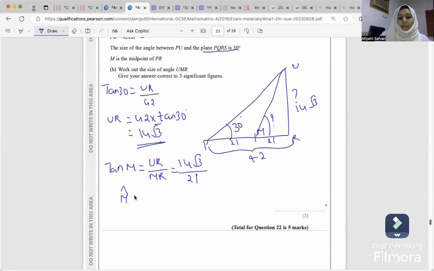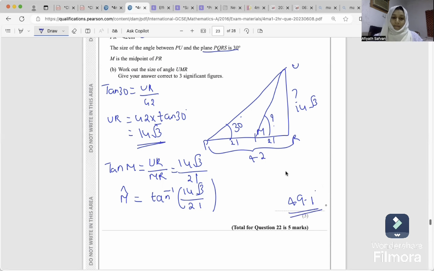Therefore, angle M is going to be tan inverse of 14 root 3 divided by 21, which will give me the final answer, which is going to be 49.1 degrees. So you just have to apply tan theta 2 times.